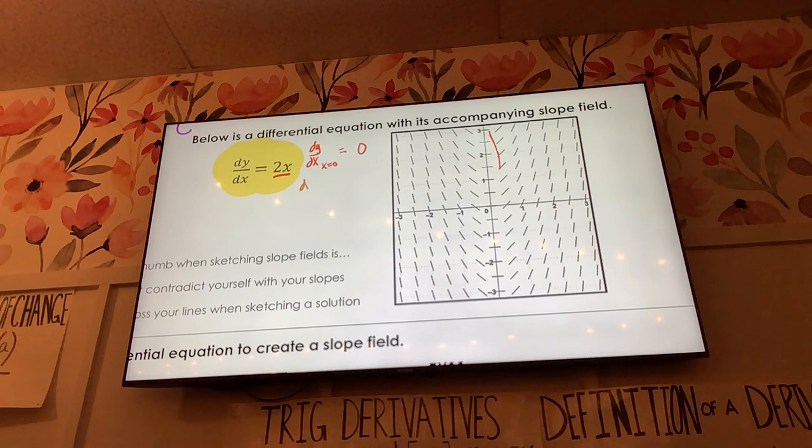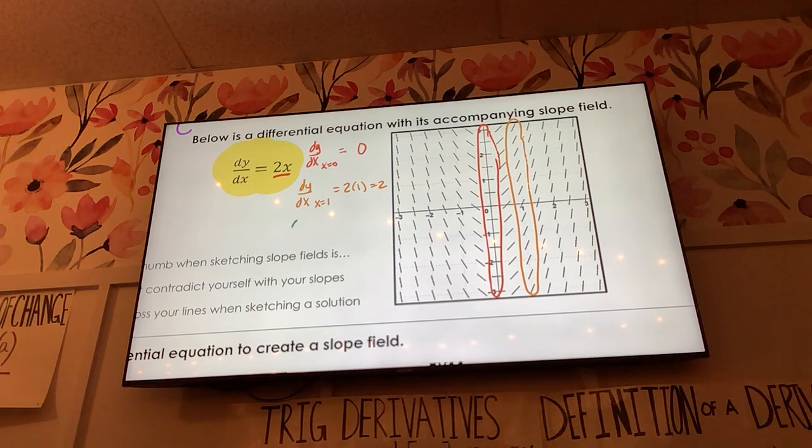Okay, well what if you're doing your derivative when x is 1? What's 2 times 1? 2. So those are all 0. Look at 1. So do you see how at 1 all your slopes are kind of like a positive? Well, we know it's at 2 because that's what we found.